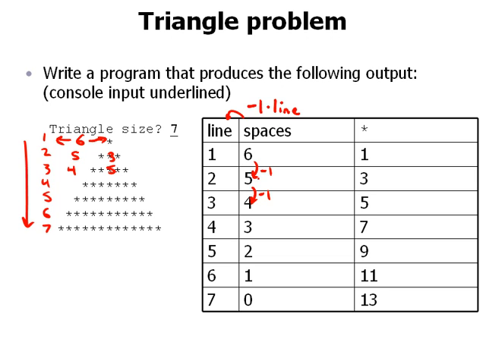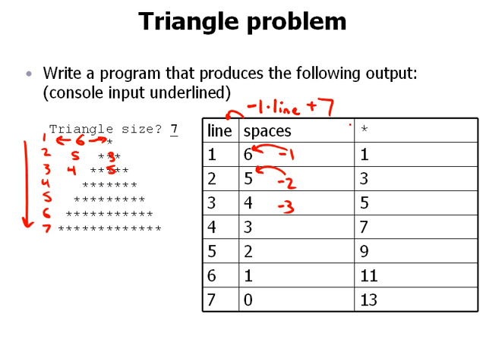If we just did -1 times line, we would get -1, -2, -3. We have to shift those numbers up so that they become these numbers. And so to do that, we just have to add 7 to each one. -1 plus 7 makes 6. -2 plus 7 makes 5. -1 times line plus 7. That's the number of spaces we're going to write.